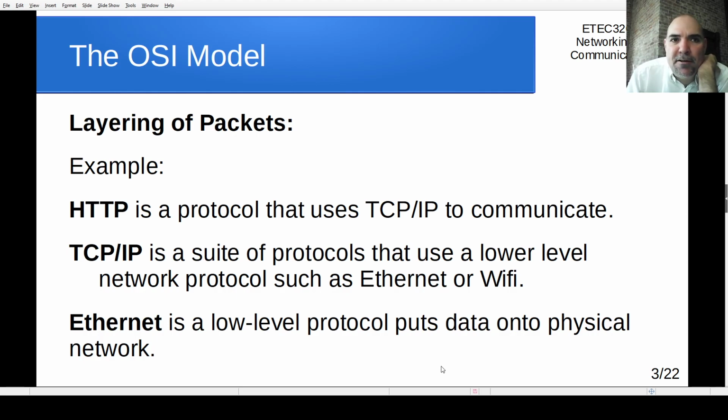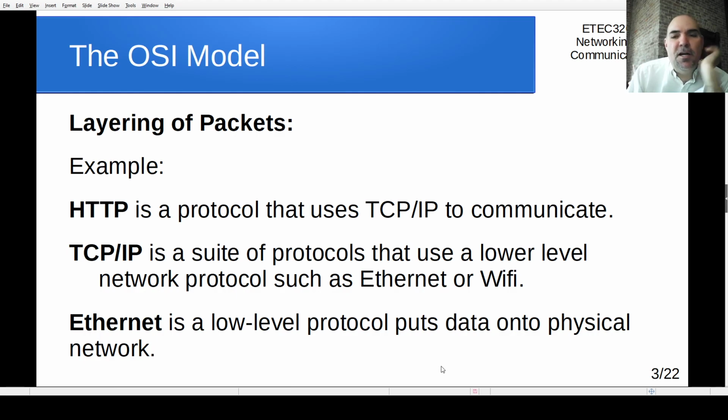They're sending their data over TCP/IP, which is actually a suite of protocols that use a lower level network protocol, such as Ethernet or wireless Ethernet, Wi-Fi. Ethernet is the low-level protocol that's actually putting the data onto the wire, or into packets that are sent over wireless from your laptop to an access point. But the idea is that those are all working together.